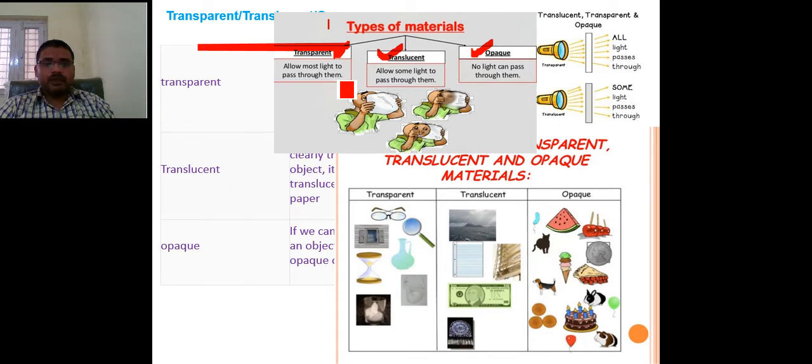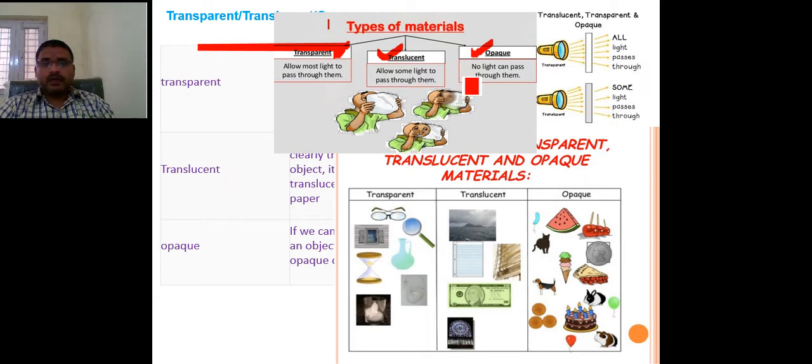Like glass, through which we can see both sides, that is a transparent object. And there are some materials which allow a small amount of light to pass through them. That means the other side of the object we cannot see very clearly.